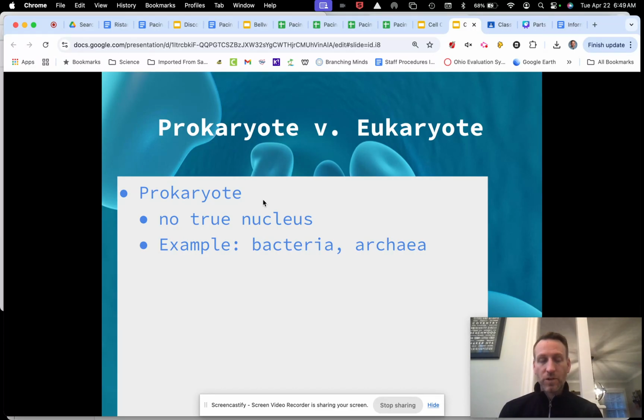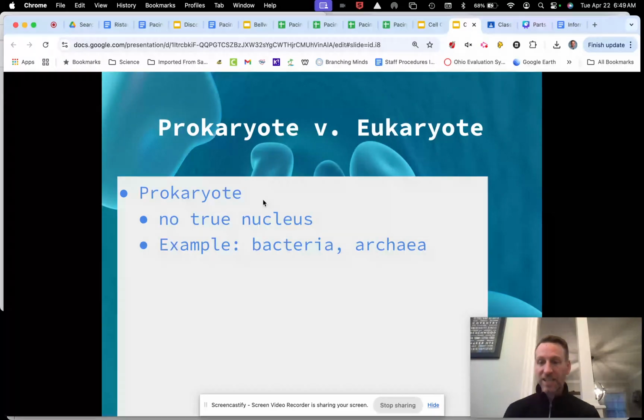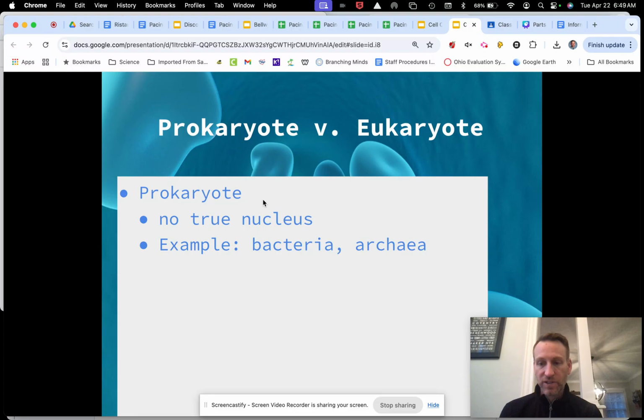Plus, notice it says no true nucleus. That's because there is genetic information floating in the cell. It's just not contained in this part of the cell called the nucleus. So it still has chromosomes in there that have the blueprints of what it's supposed to do. It's just not all housed together.